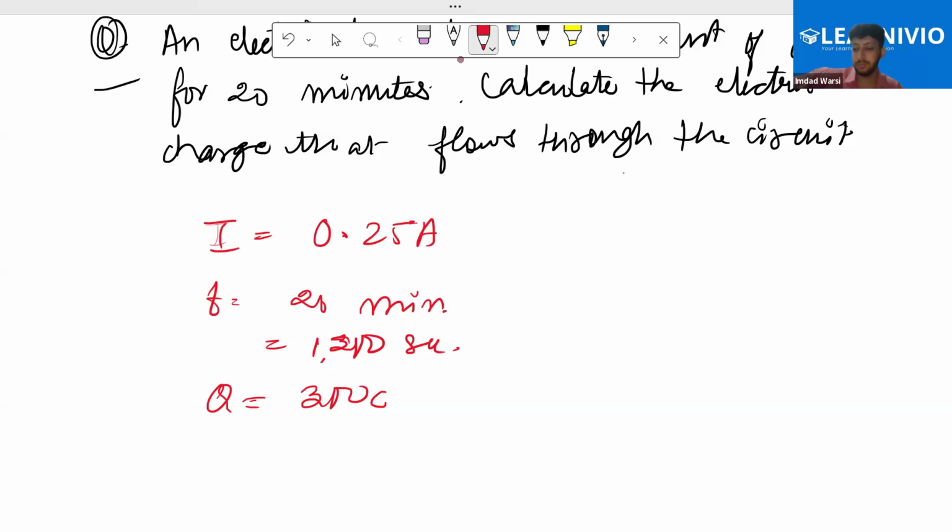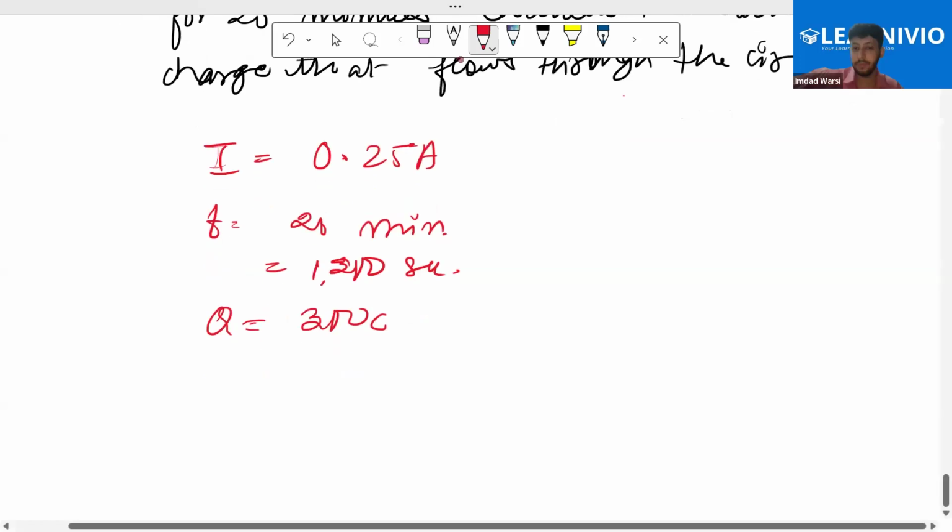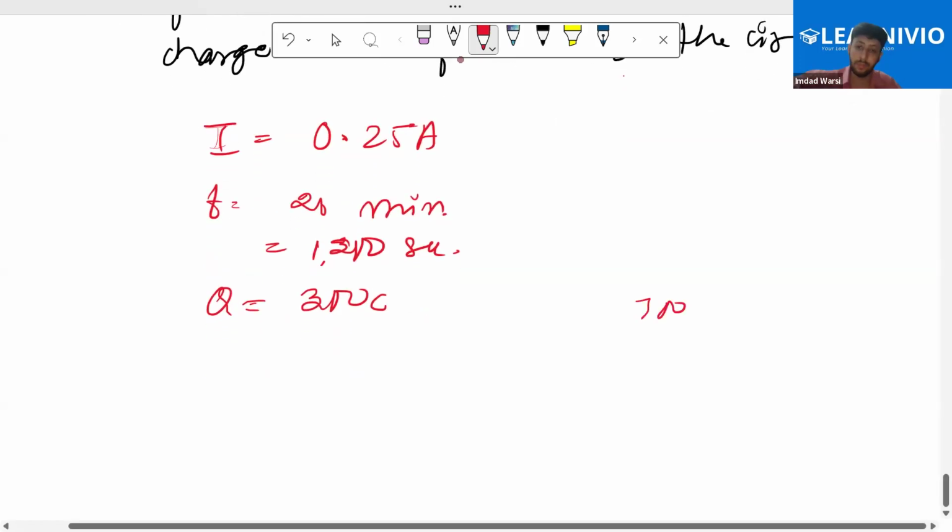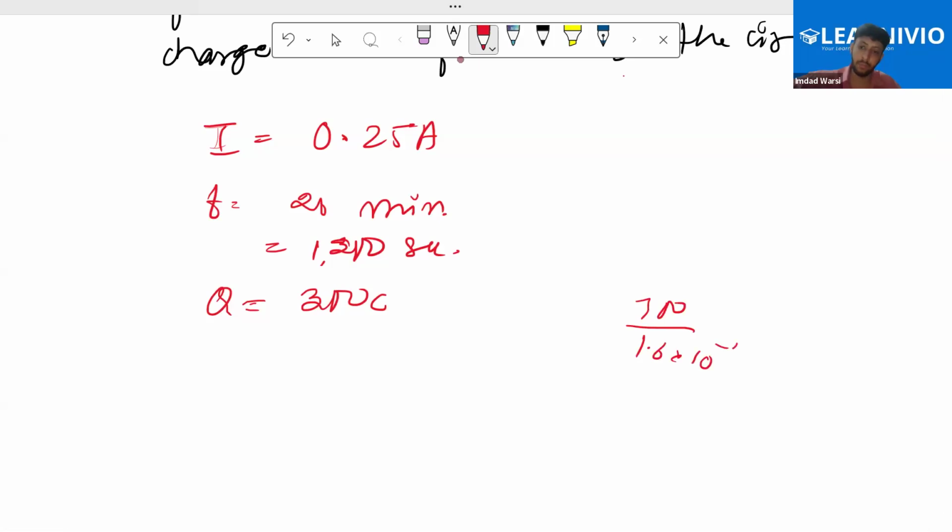Q is equal to N E. That means 300 is equal to N into 1.6 into 10 to the power minus 19.